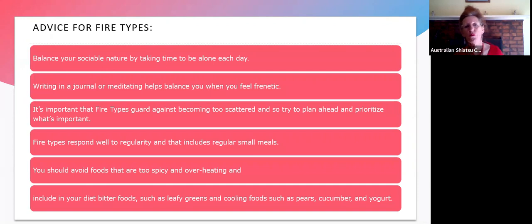So other things, look, we know about allowing, because the fire person is very much about relationships. Journaling is a fantastic means of having a method of expression. So journaling would be something that I would focus a lot with my fire element clients, and particularly the regularity, regular small meals. So not overdoing things and having planning.